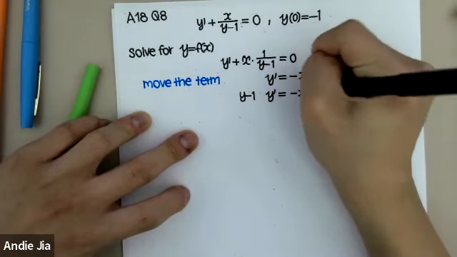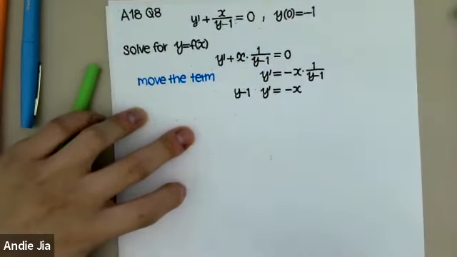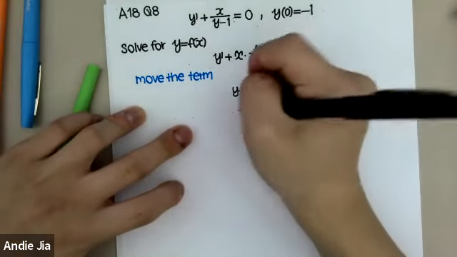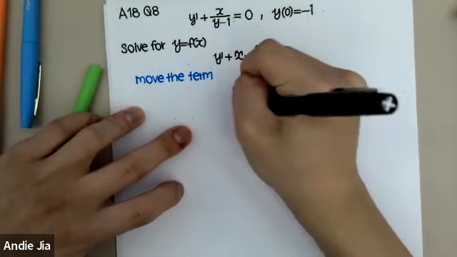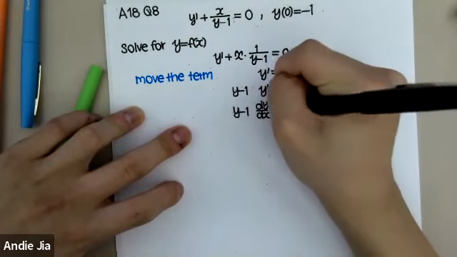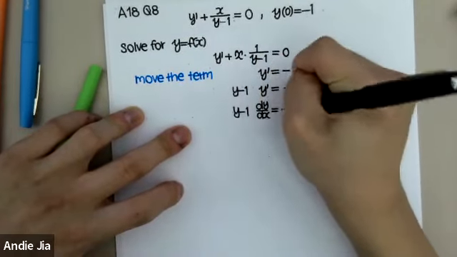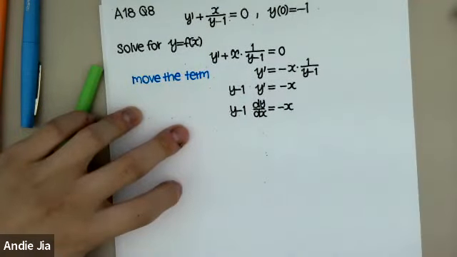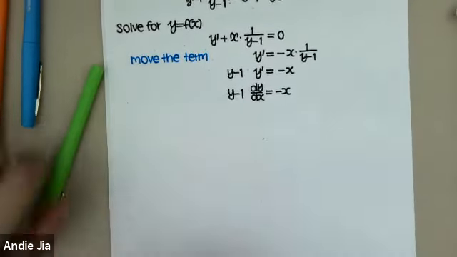Y prime is the same as dy/dx, equal to negative x.